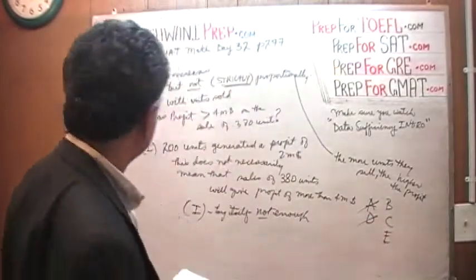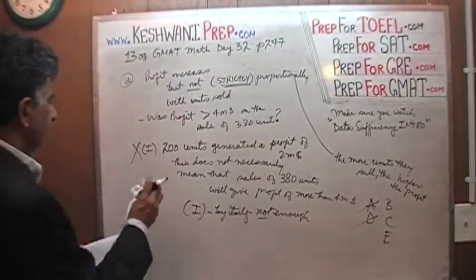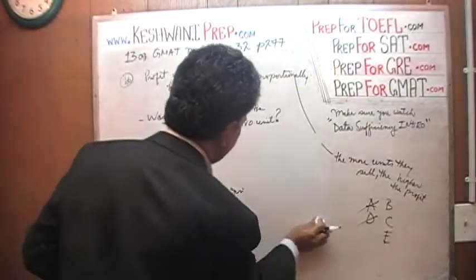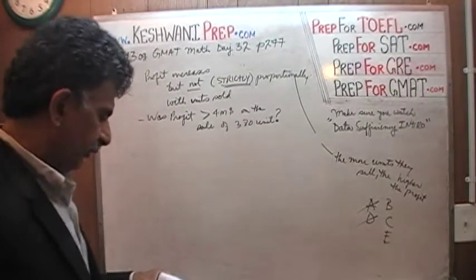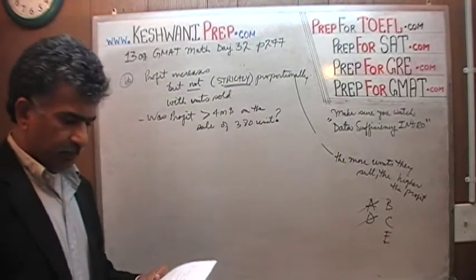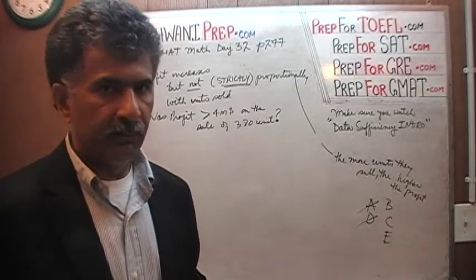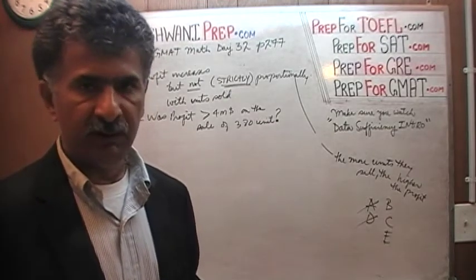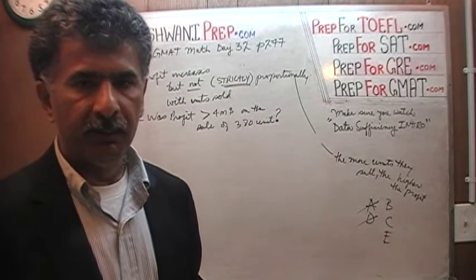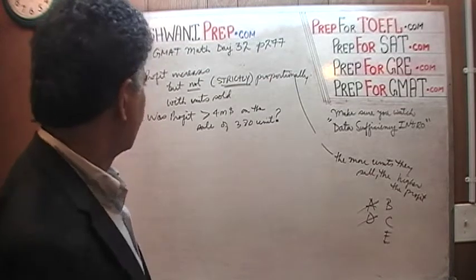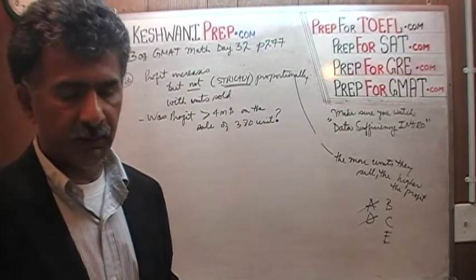Let's look at the second statement. Just because they made a profit of $2 million on a sale of 200 units does not necessarily imply that they would have had a profit of at least $4 million on a sale of 380 units. We cannot infer that.